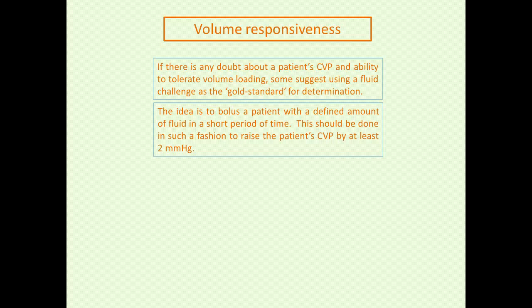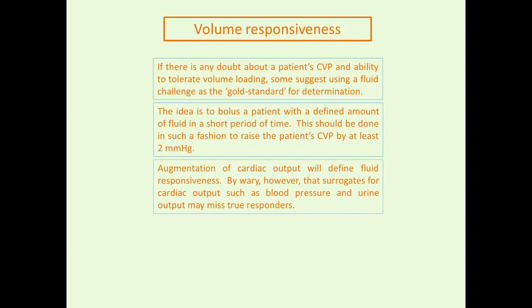So you bolus the patient quickly, usually over less than half an hour, and you do this in a way to increase their CVP by about 2. The reason 2 is chosen is because this is usually the amount of difference that can be reliably detected by an observer. And again, this is a CVP increase by 2 at end expiration, at the end of the A wave, not that average number that you see on the screen.